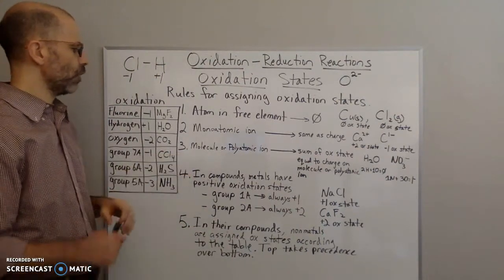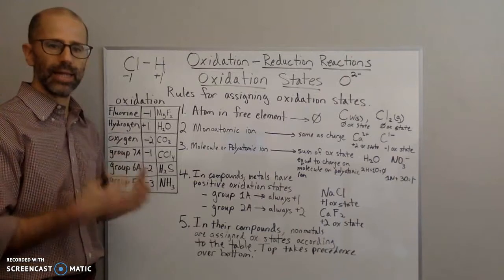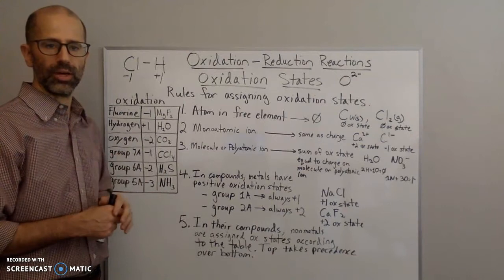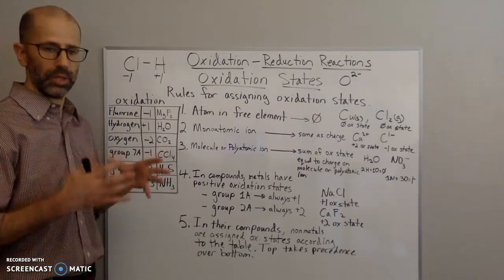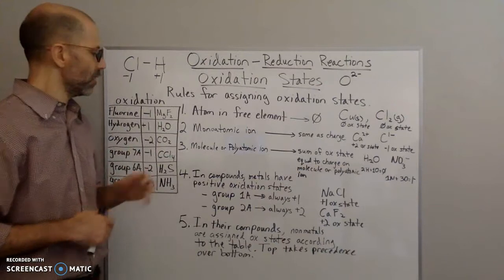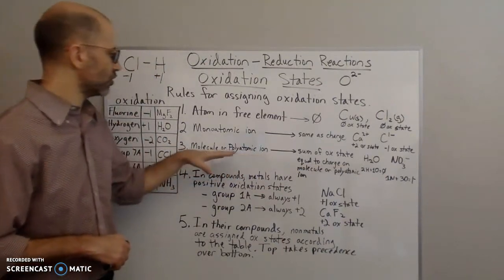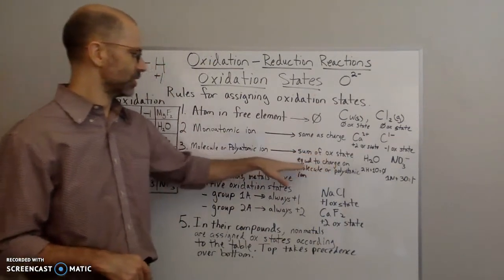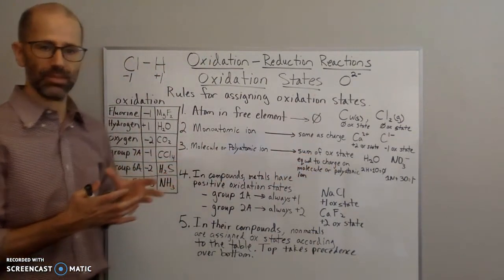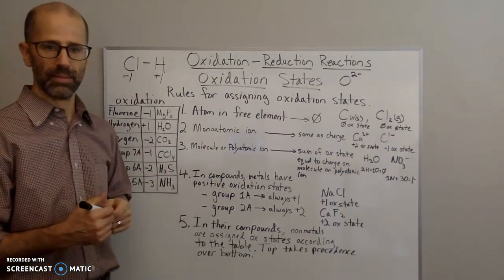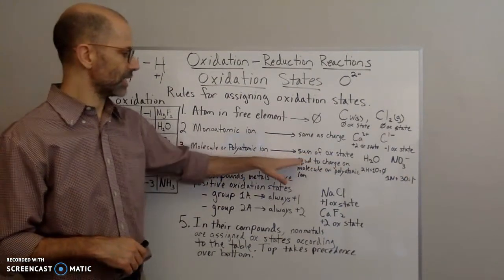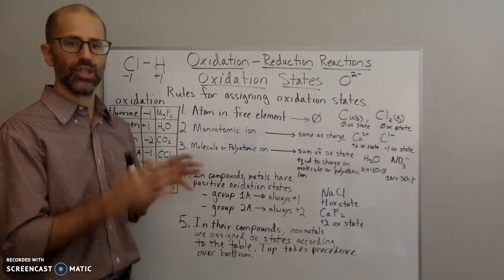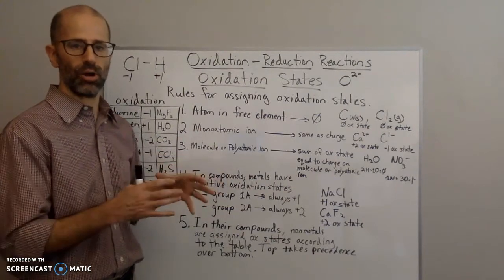Number 3, if you have a molecule or a polyatomic ion, so an ion that is made up of more than one atom or element and that has a charge, then if you sum up the oxidation states of all the atoms in the molecule or the polyatomic ion, the sum should equal the charge on the molecule or ion.